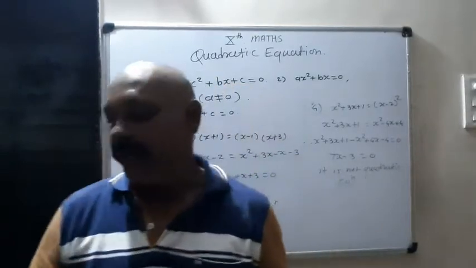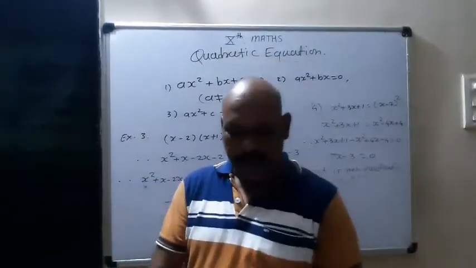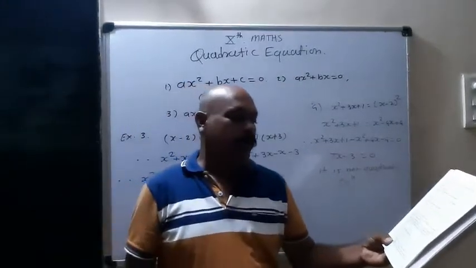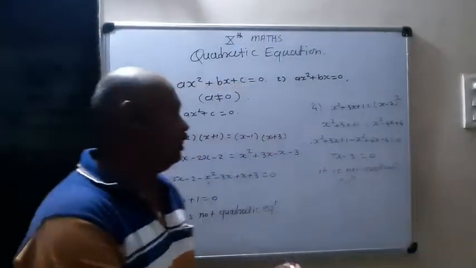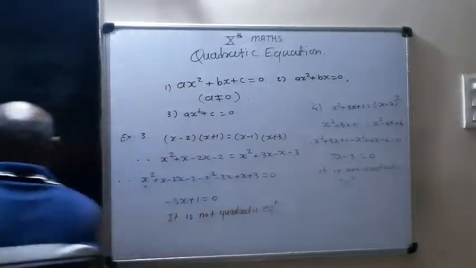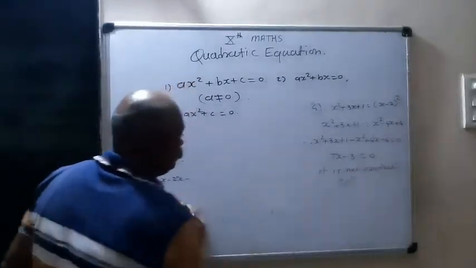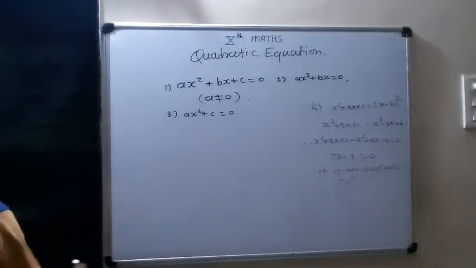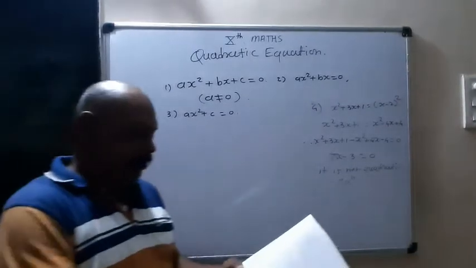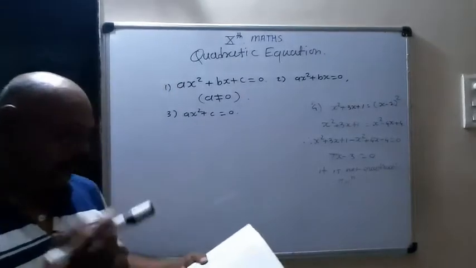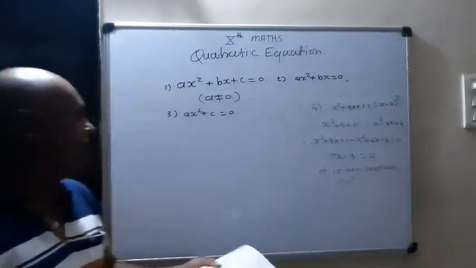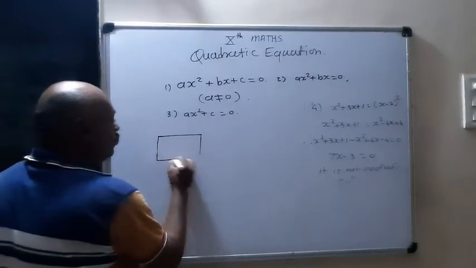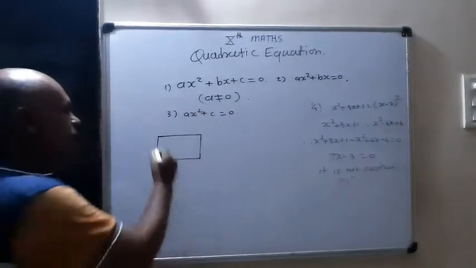For example, here the area of a rectangular plot is 528 meter square. Only some points are written on the board. Here is an example about the rectangular plot.